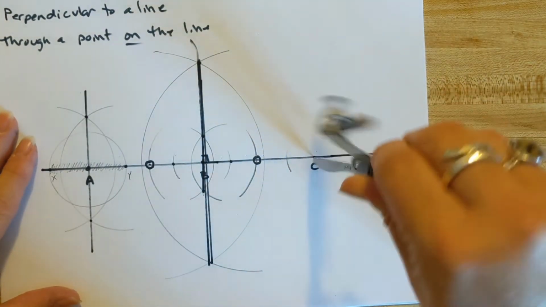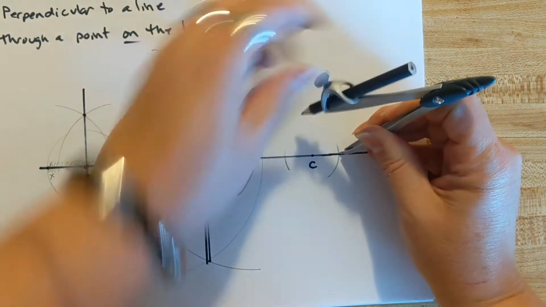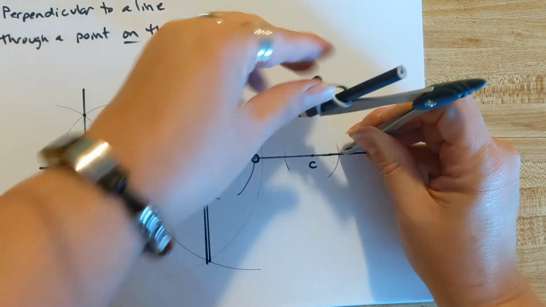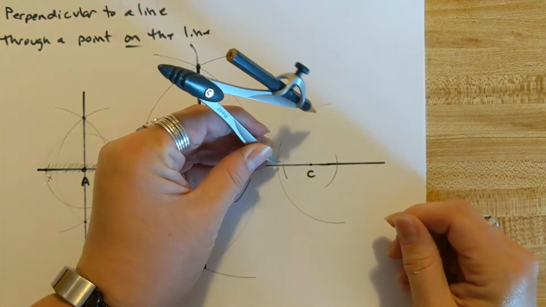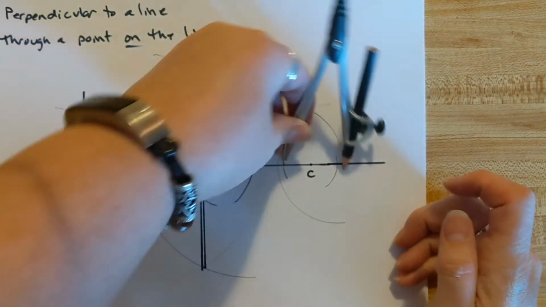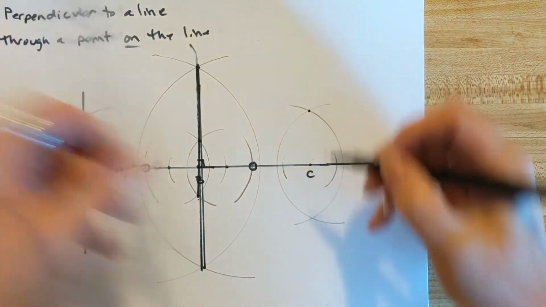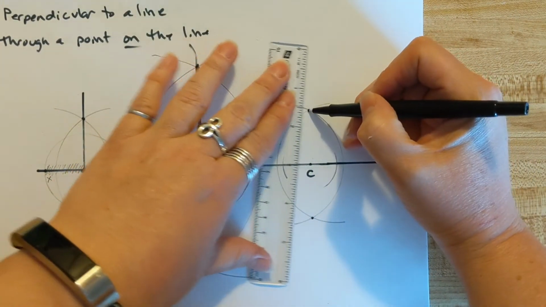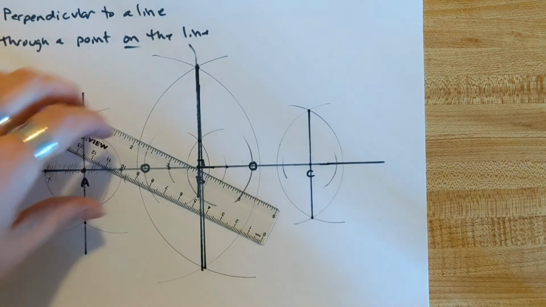Do a circle around your point to force it to be the middle. Take the two points you just created to do a perpendicular bisector. And connect the dots. And I have made a perpendicular go through the point I wanted to.